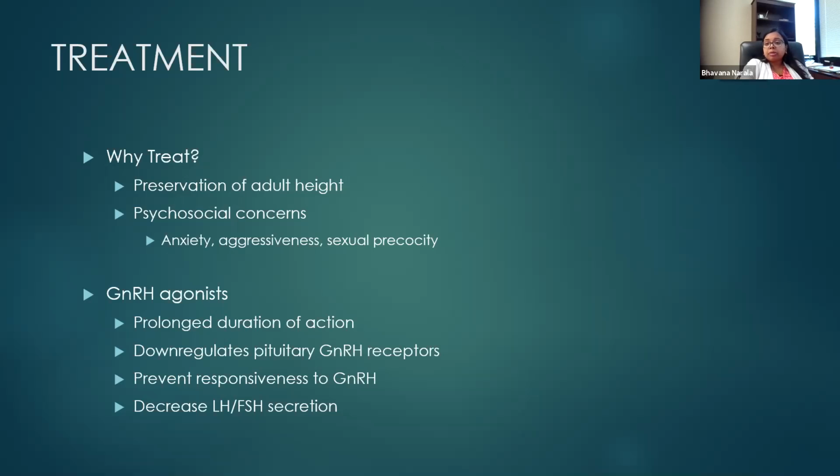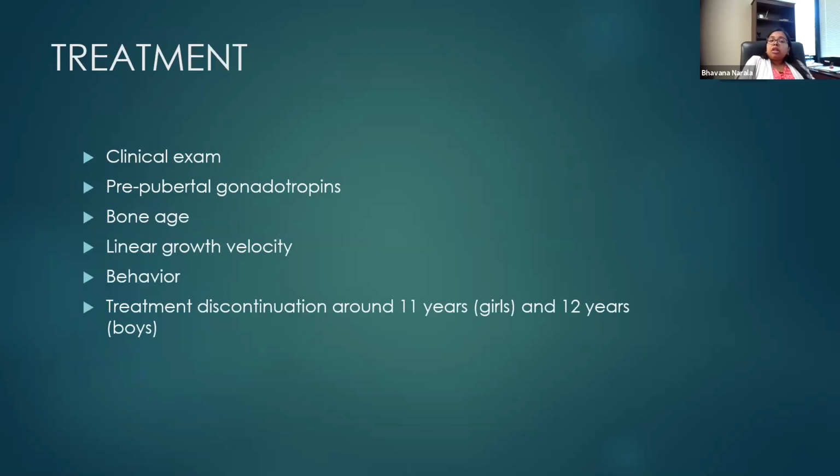So there's multiple options. There's injections, implant, depending on what the family wants to do, and insurance dependent as well. You are looking at your clinical exam, confirming with the prepubertal gonadotropins while they're being treated. You can get a bone age to make sure that it is either stalled and not progressing.